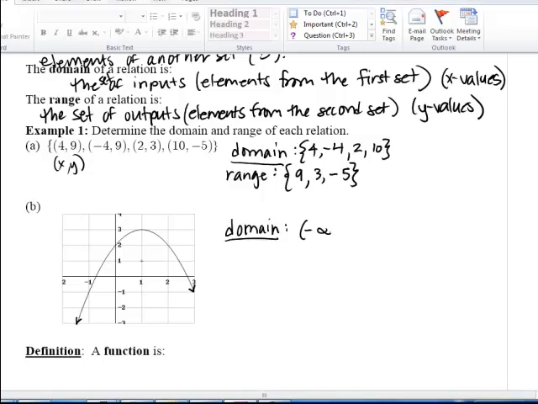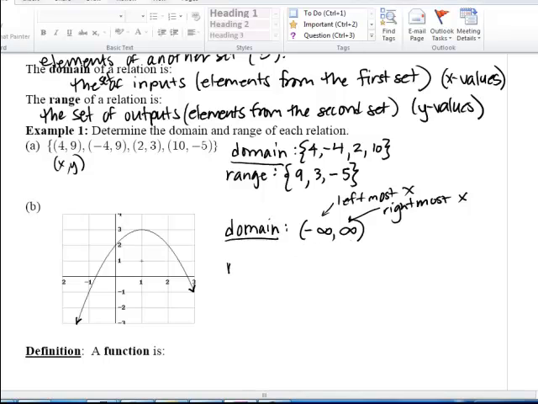So the domain we would list as an interval. We'd say -infinity to infinity. And the pattern here is like leftmost x, and then rightmost x.